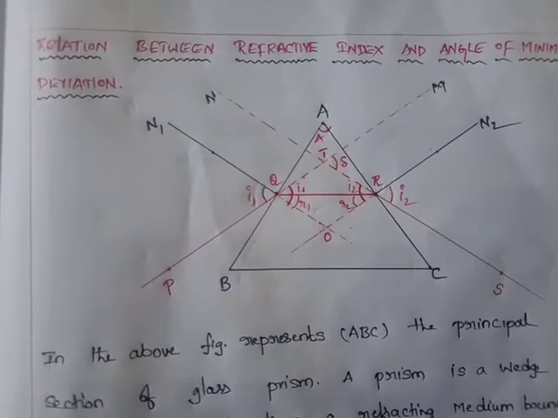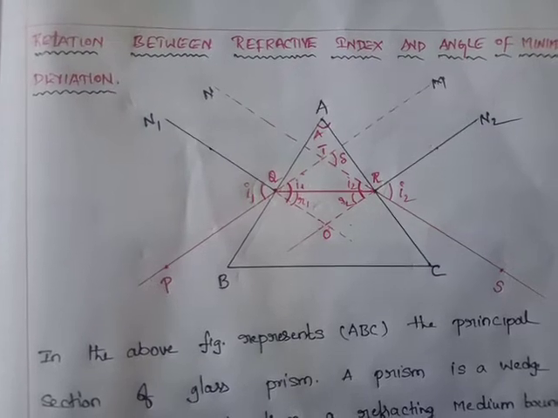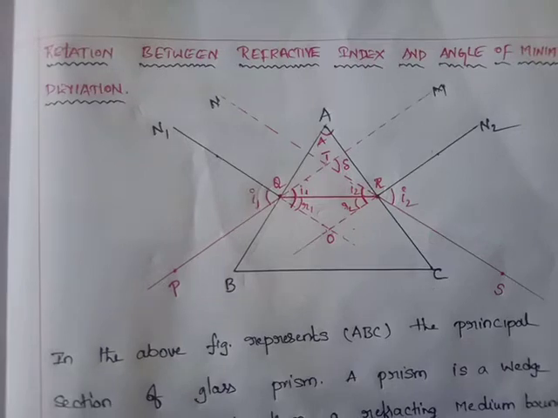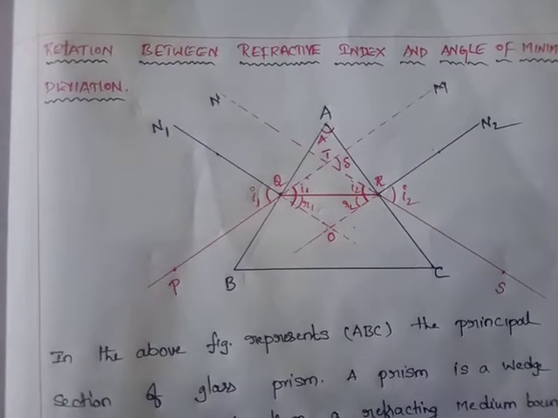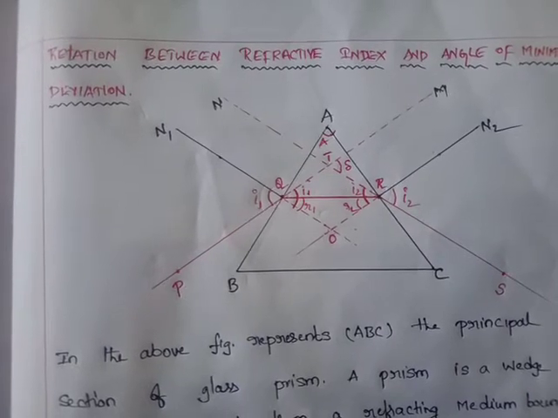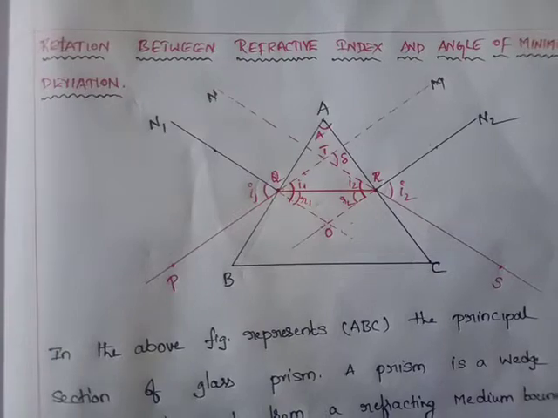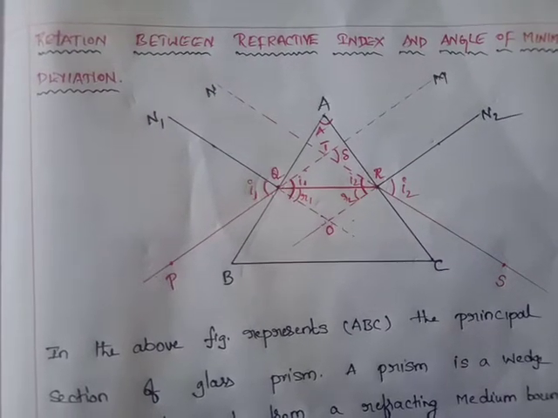It goes towards the normal. Whenever the light ray enters the prism, it gets deviated. Now, QR is the refracted ray in the glass medium.